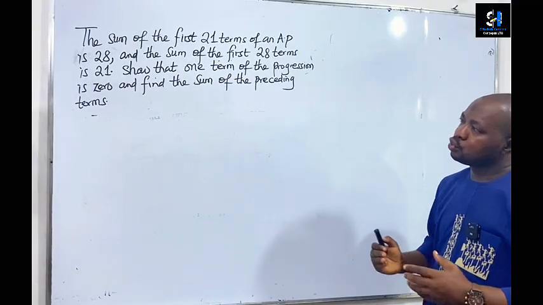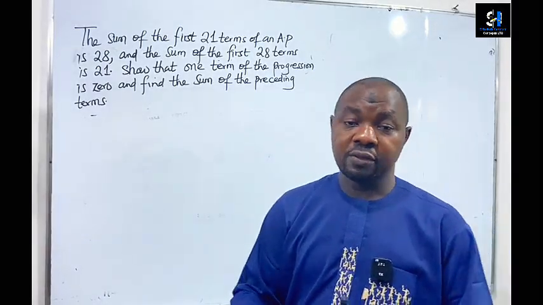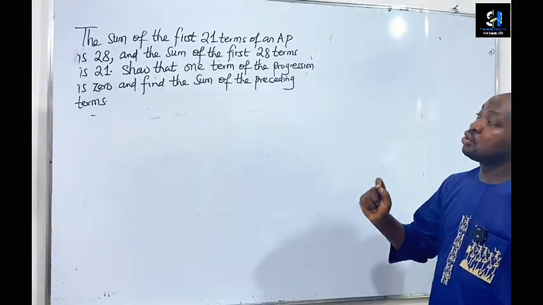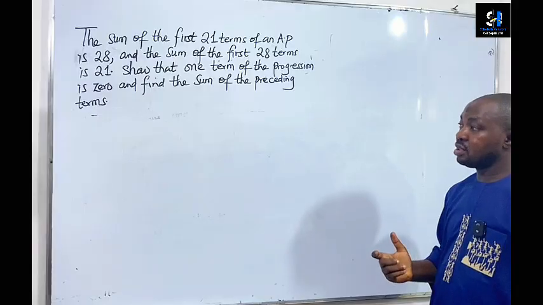Now, to solve this question, the first thing to do is to set up the formula for calculating the sum of the first n terms of an AP, that is, arithmetic progression.